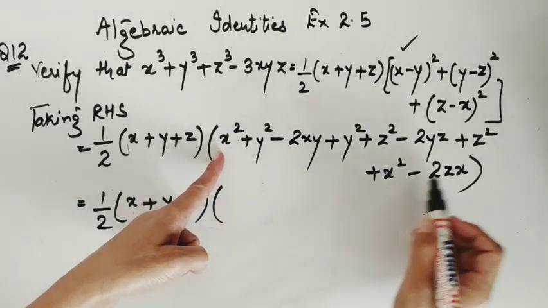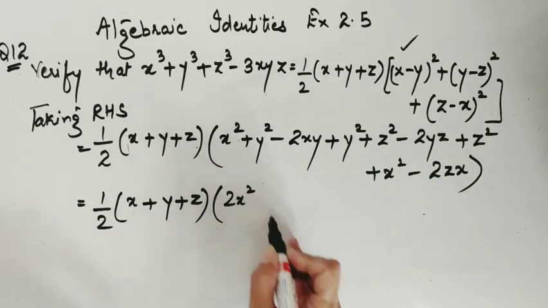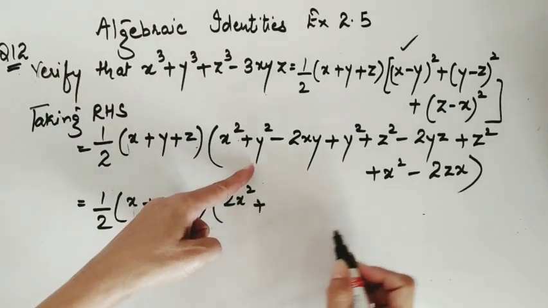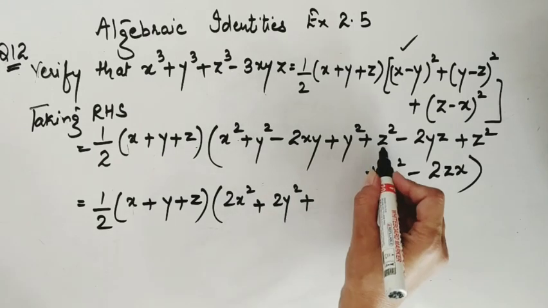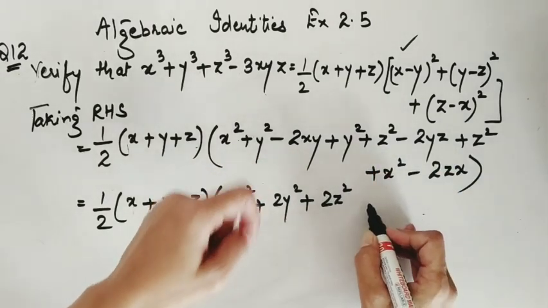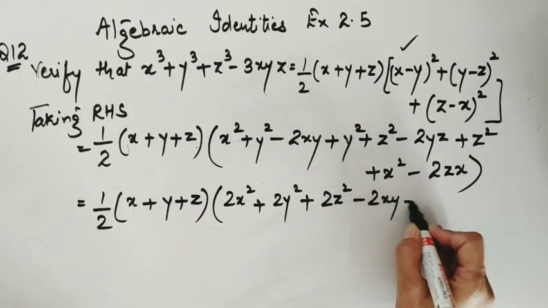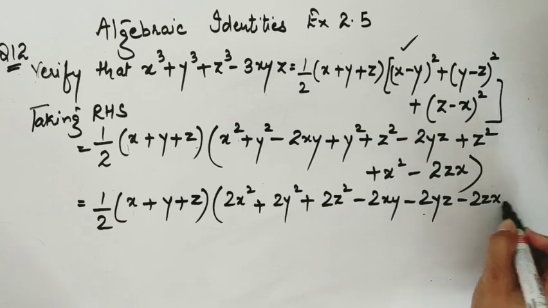x square is once, x square is one more x square, so it's twice of x square. y square is also twice. Once it's over here, once over here. So twice of y square. z square is also occurring twice, twice of z square. Then minus 2xy minus 2yz minus 2zx.